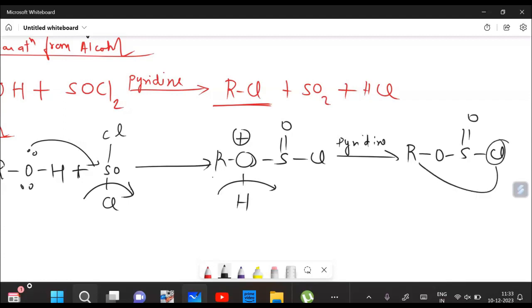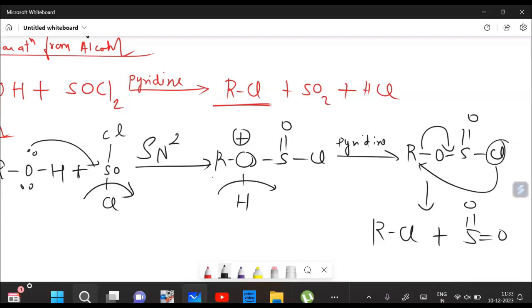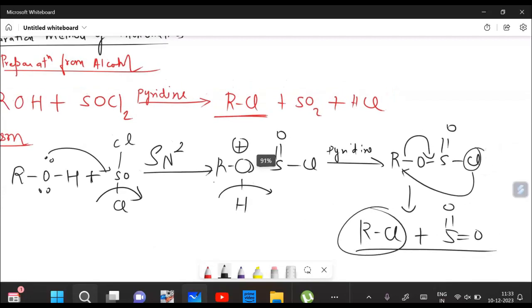So Cl will attack on R again and it will form RCl, plus this bond will break and it will go here. So S double bond O and then we have a double bond O. Remember, this is the SN2 mechanism, so it will follow the SN2 mechanism. The formation of RCl will be here. This is the mechanism, you can write down.